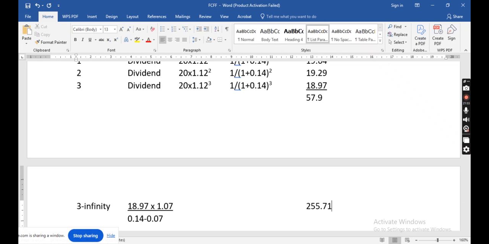So when you add this together, 313.61, the new share price. What do you have? 313.61.